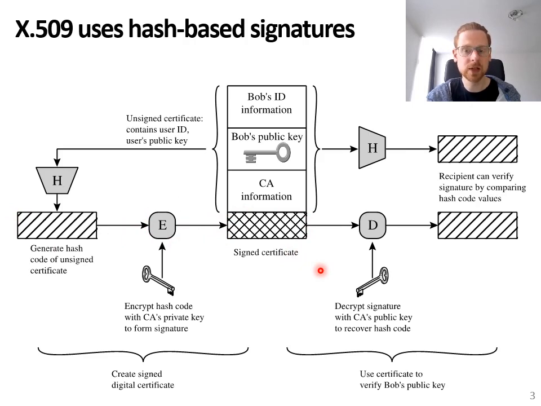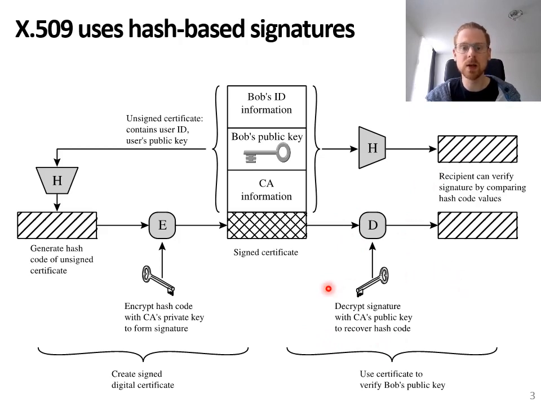Recall that validating a signature is quite straightforward, because anyone that receives the certificate with signature can also take the unsigned certificate information, give it as input to the same hashing algorithm, calculate the fixed length hash value, and compare that to the decrypted signature. If they are the same, then the information has been validated and has not been changed by an unauthorized entity. The decryption algorithm obviously uses the public key of the certification authority.